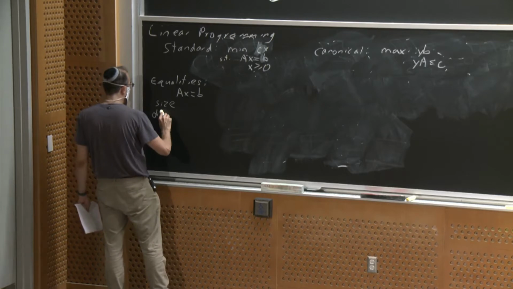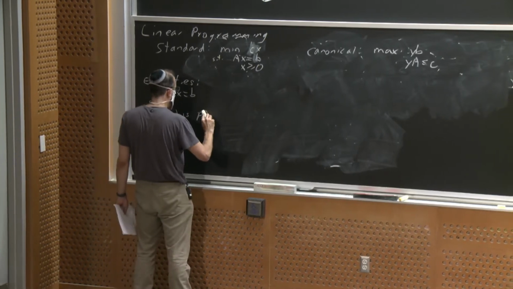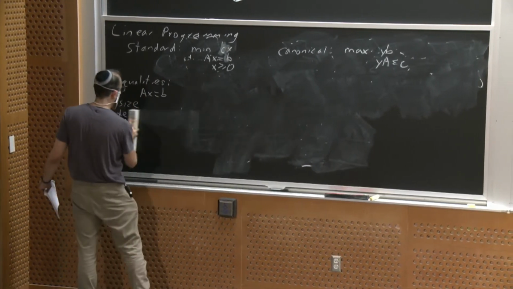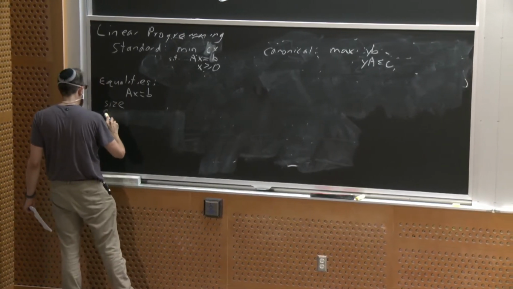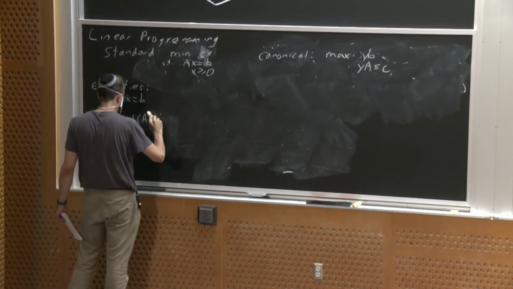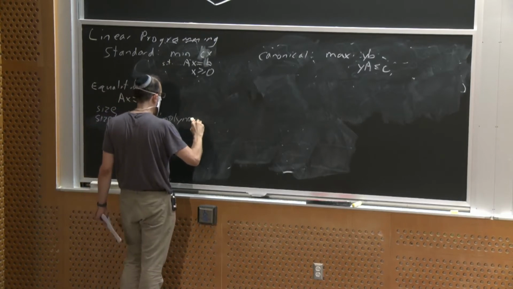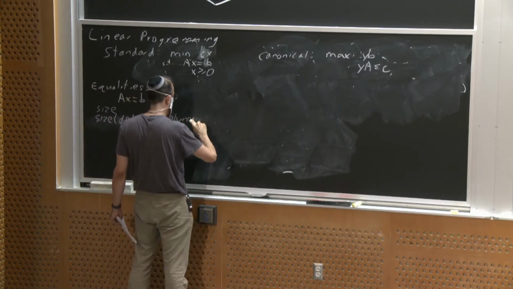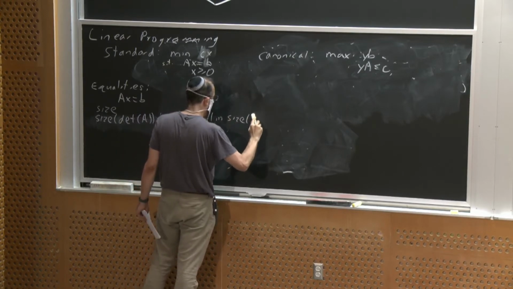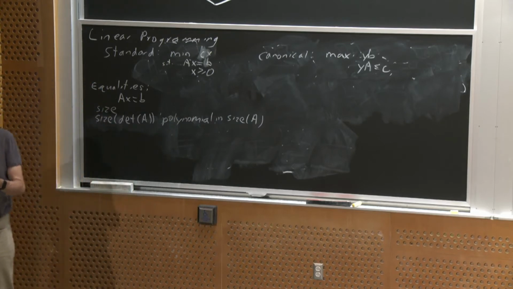We argued that the size of the determinant of A is polynomial in the size of A, right?